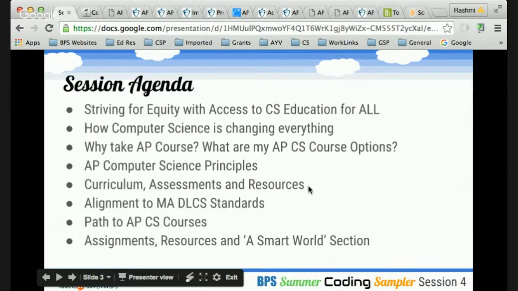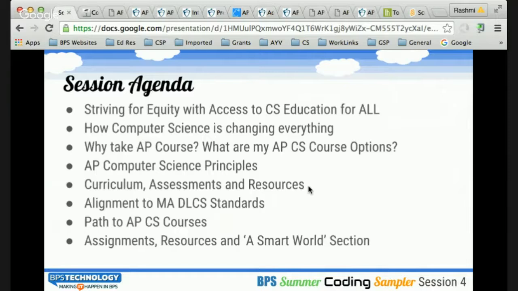Moving on, today's session and agenda will focus on striving for equity with access to CS for all education. That's sort of the big idea of making CS accessible to all in BPS and around. It's also going to talk about why computer science and how computer science is integrated in everything. We'll talk about the AP courses. What are some of the AP CS course options?